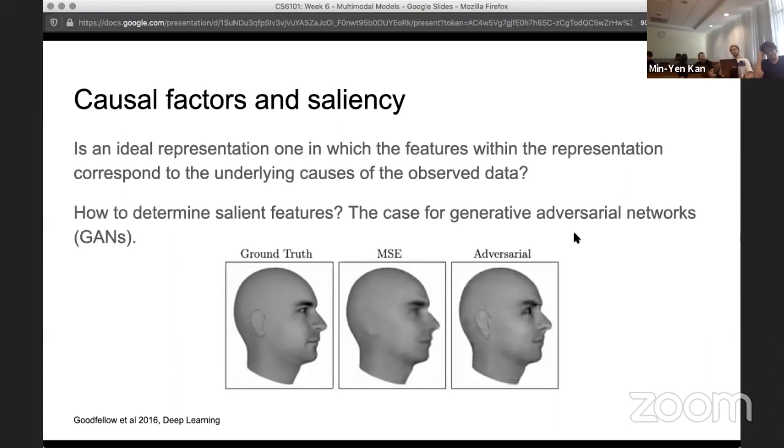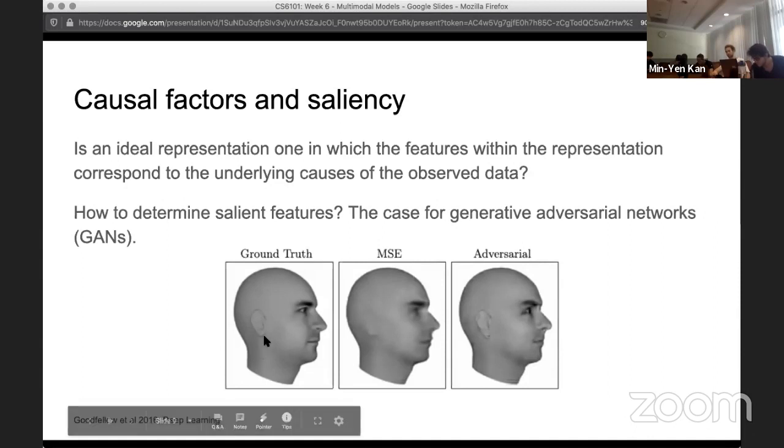To know which representations are good, they are the ones that highlight the most salient features in the data. If you start from the ground truth and train a model that only cares about mean squared error, you end up producing images that don't have an ear, because an ear, in terms of an image, is represented by pixels very similar to the ones around the ear, and it's only a detail, only some shadows around this part.